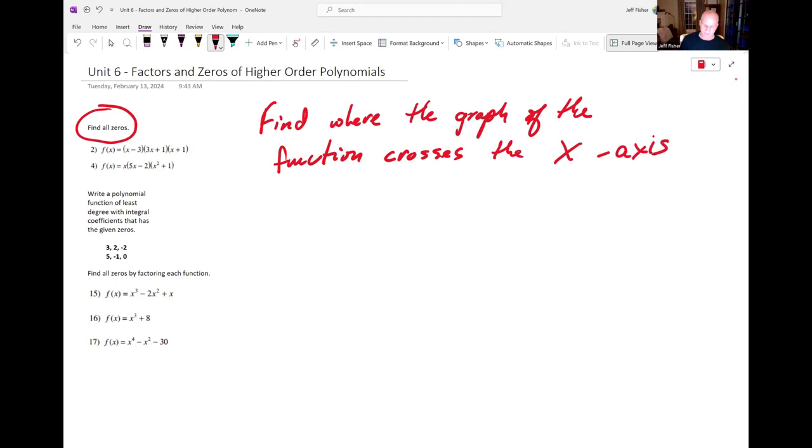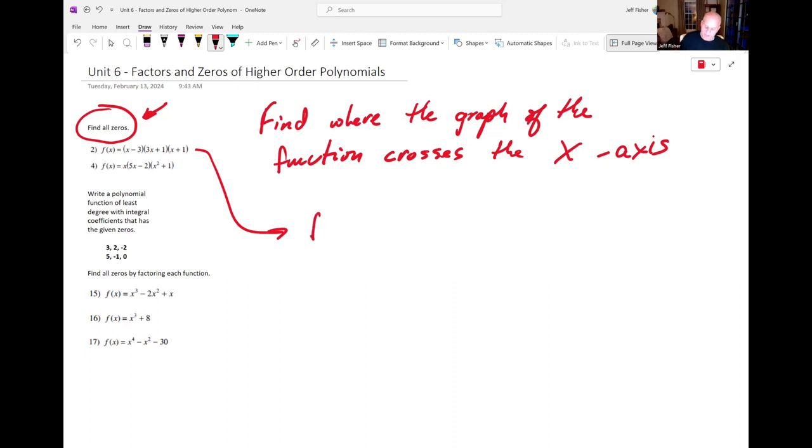Okay? So that's what a zero is. A zero, a root, a solution. We learned this technique when we did Unit 5.